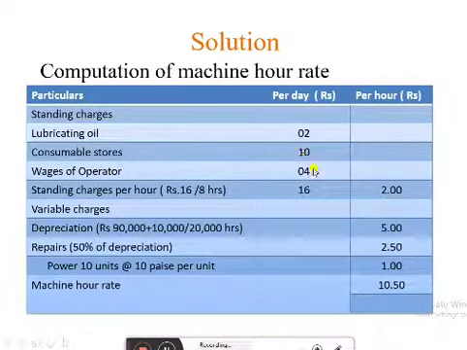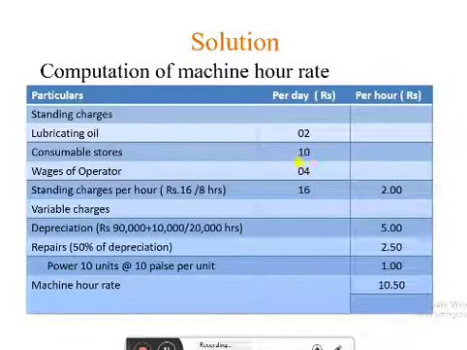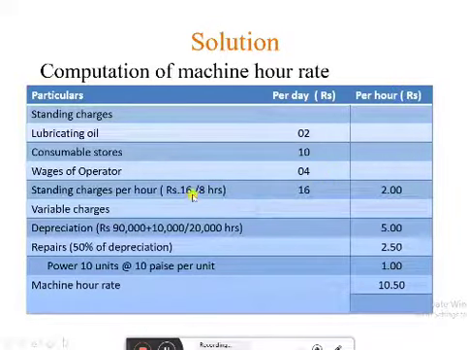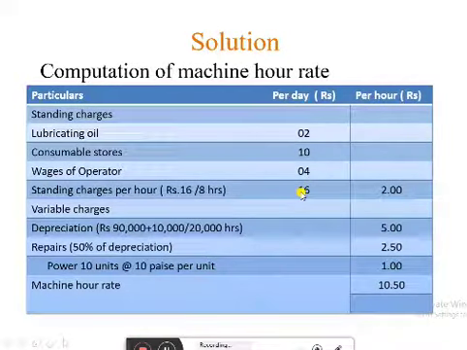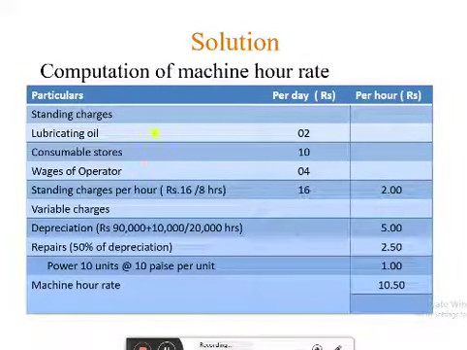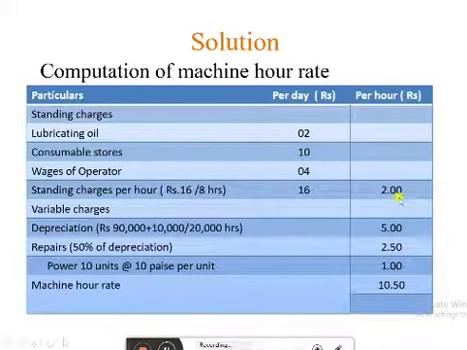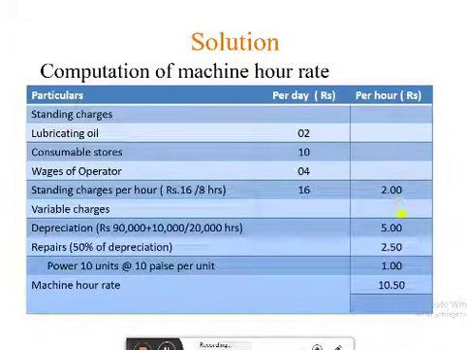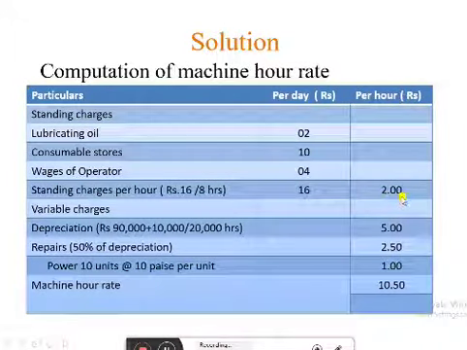We have made the divisions of standing charges and variable charges, and these all come under standing charges. So make a total: it is 16 rupees per day for all the items. Divide this 16 by 8 hours to get the per hour rate. They work 8 hours a day, so 16 rupees for 8 hours, and for 1 hour it is 2 rupees. So the standing charges are 2 rupees per hour.